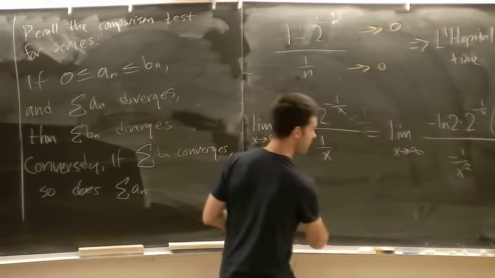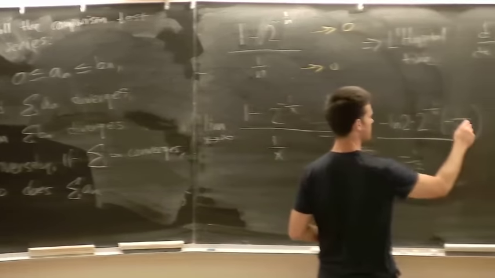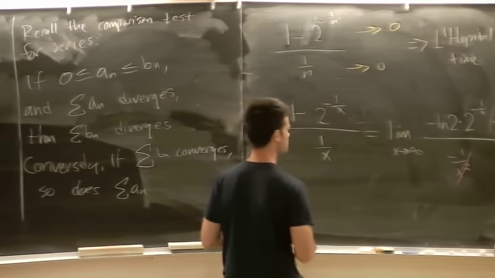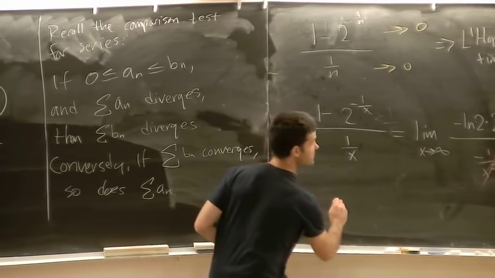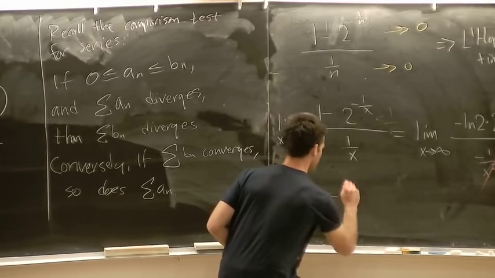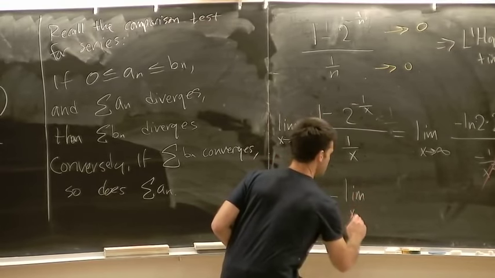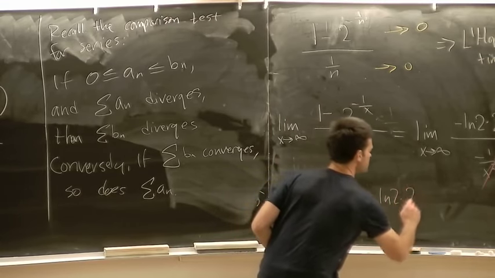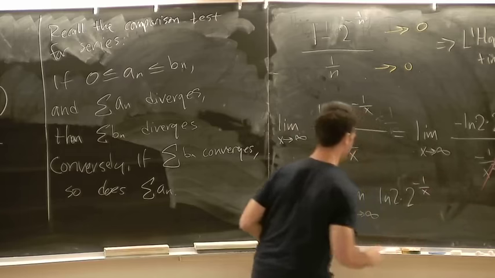And we get to cancel out the x squareds. So this is just negative the limit as x goes to infinity of ln2 times 2 to the negative 1 over x.